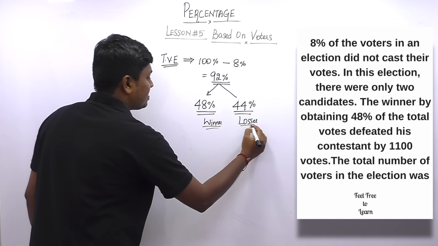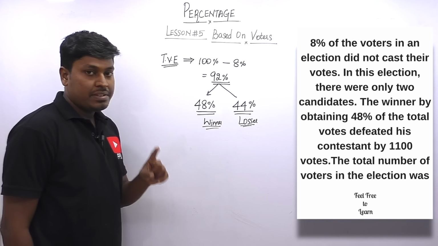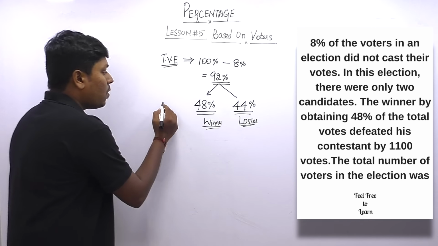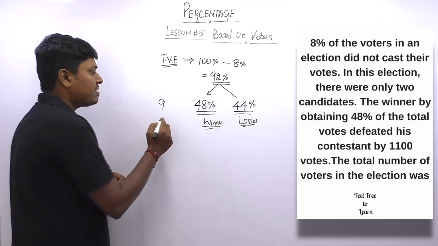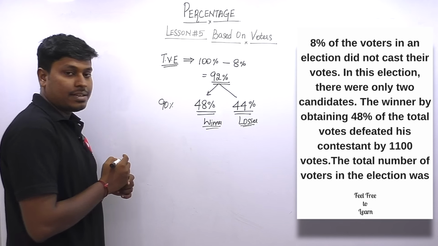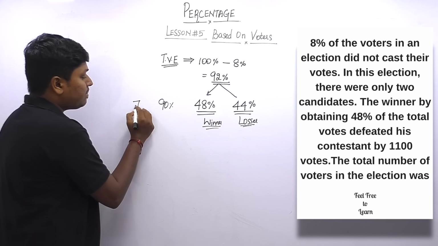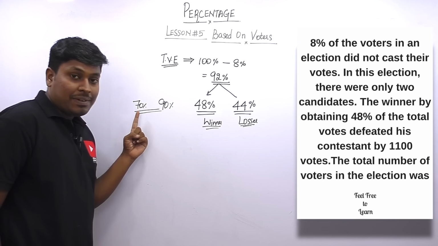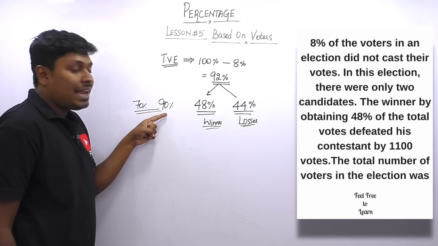And so many students will have one doubt. In the previous question, the same concept related question, they have given that out of this 90%, winner got 70%. Look at the word carefully in the previous question. Winner got 70% of the valid votes.